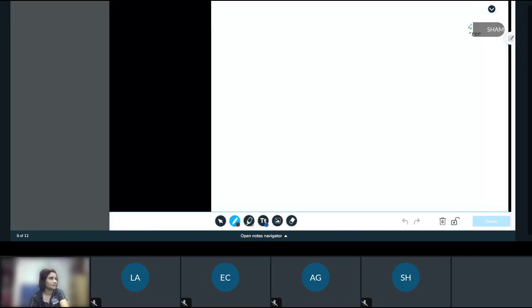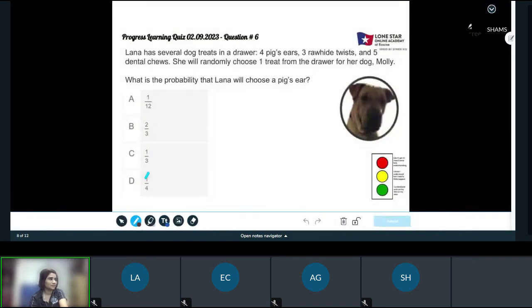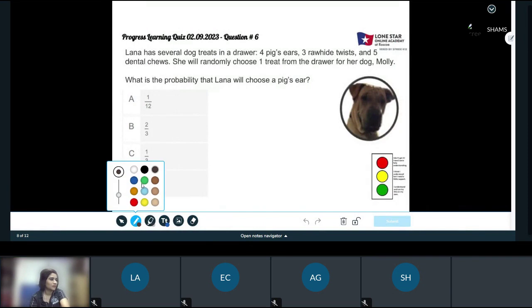Okay. Let's look at this question. So from my understanding, I didn't pick some harder questions so I can make it easy for you guys. Lana has several dog treats in her drawer: 4 pig's ears, 3 rawhide twists, and 5 dental chews. So these are all dog treats.